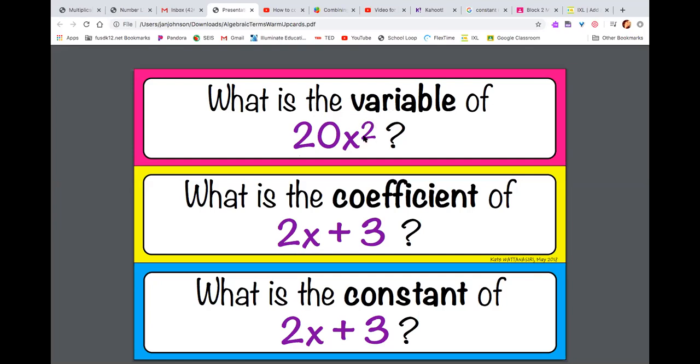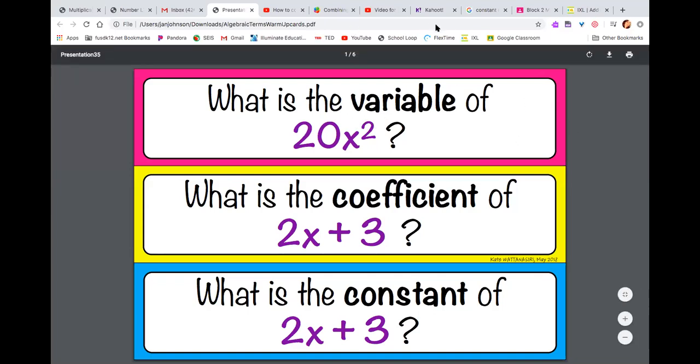And we haven't worked a whole lot with exponents. Okay, let me pause this real quick. Okay, so what is the variable for 20x squared?